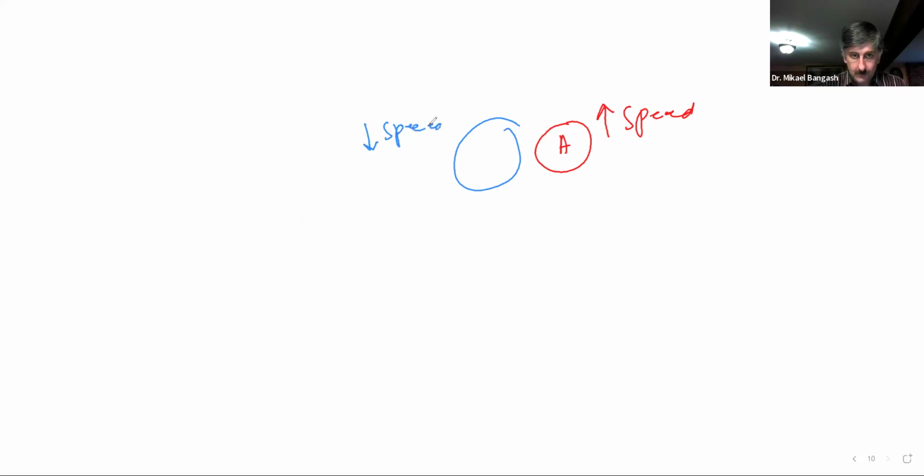Let's go here and see. There we have an artery. Now in the artery, we have a high speed, whereas in the vein, which is right next to it, it's going to be a low speed. But what else is going to be different in the arteries versus the vein?